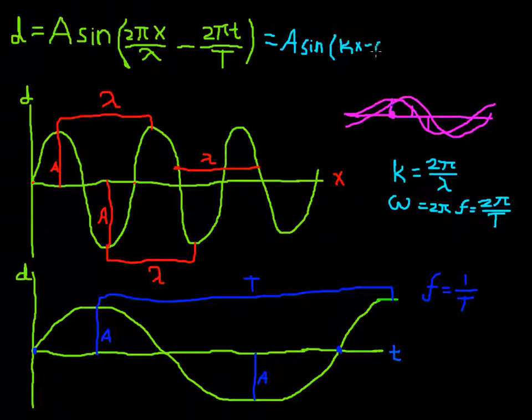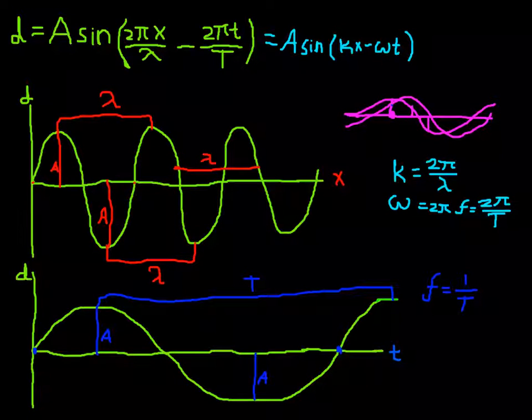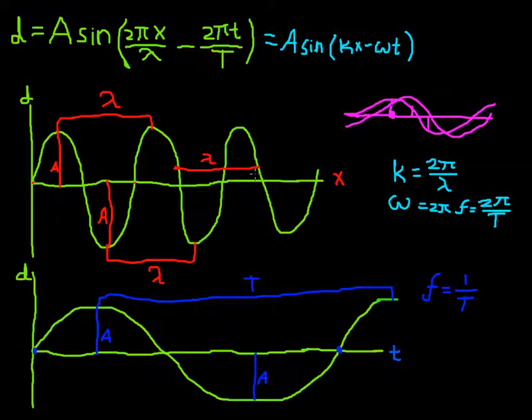This equation is a lot easier to work with than this one. Note that this k is going to be called the wave number, and this omega is going to be called the angular frequency. Let's look at the dimensions of this, to make sure these equations are all dimensionally consistent.